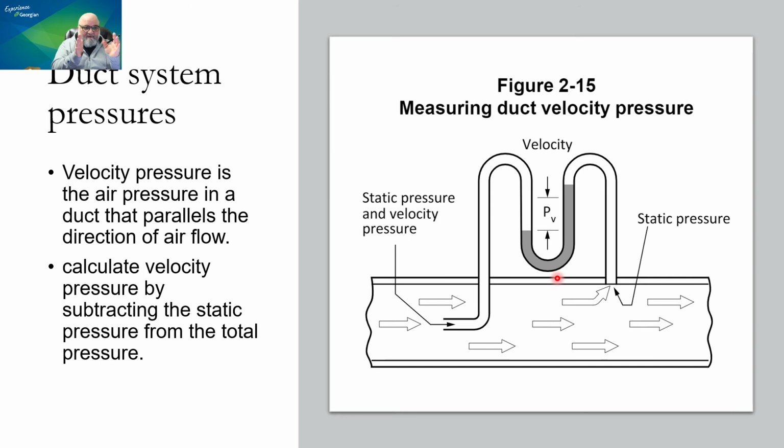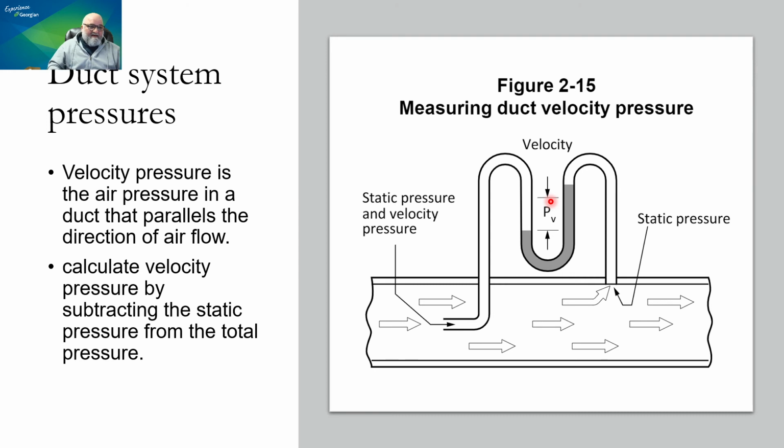They simply cancel each other. They are equal forces. Static pressure here and static pressure here are equal, roughly speaking. So when the force is going in this direction here and the force is going in this direction here, they simply cancel each other, and we are left with velocity pressure. Do you see what I'm saying? This is one of the most genius ways to measure velocity pressure.